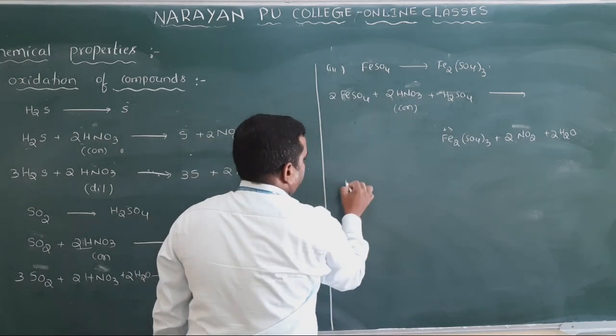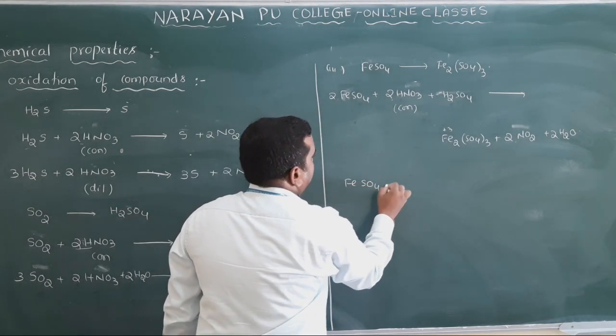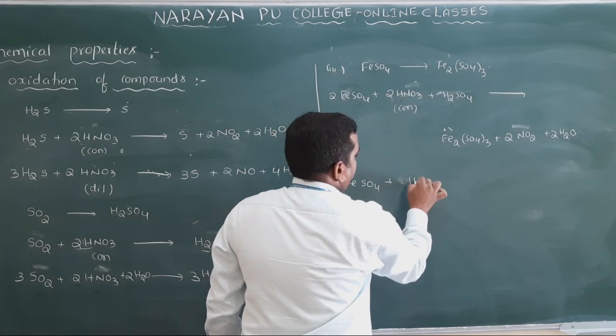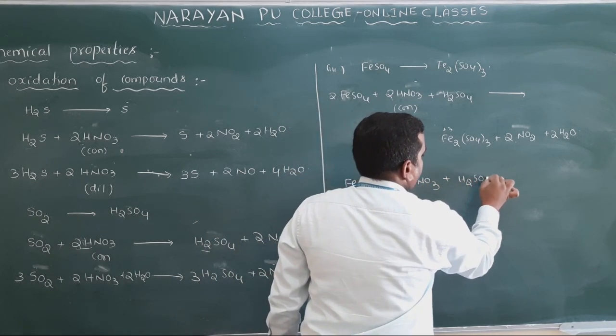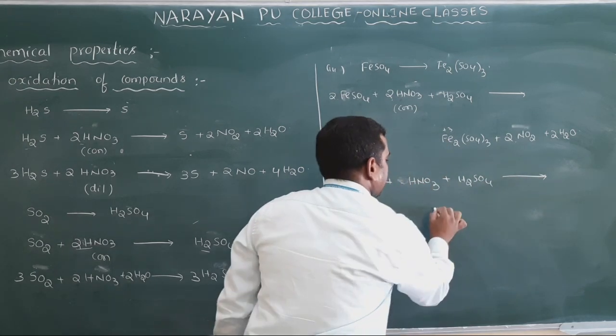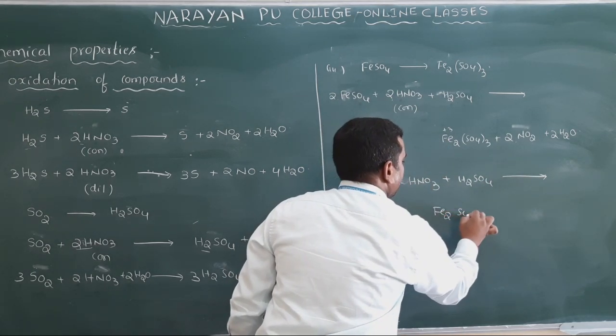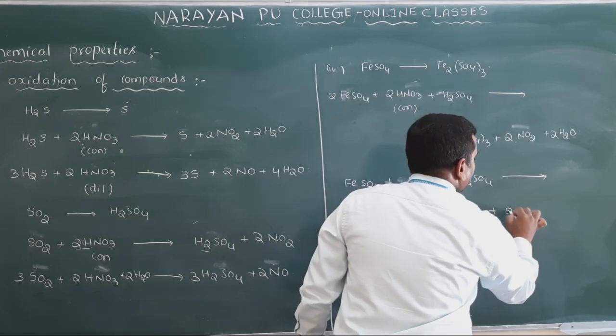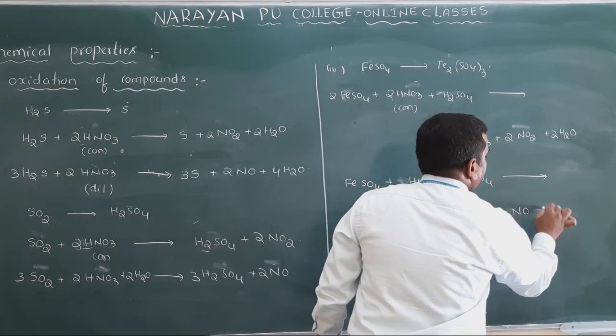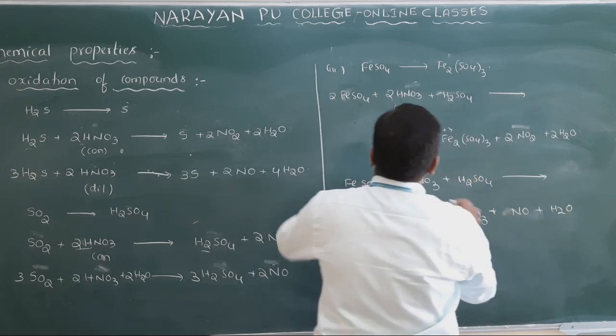This is concentrate. In the same way balance the equation, and here HNO3 and plus H2SO4. Clear? So this is also converted into Fe2(SO4)3 plus, here 2, you have to take NO plus H2O. Simple.